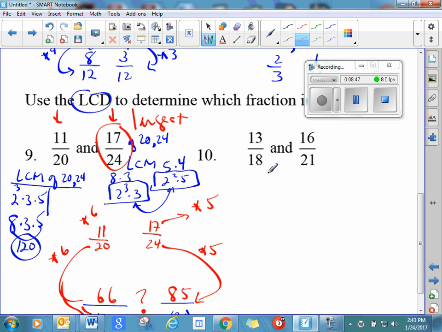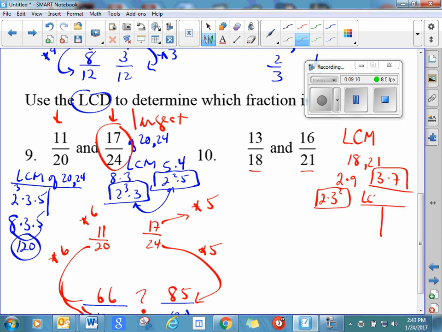Again, I need to get a common denominator, and it needs to be the lowest common denominator. So I need the LCM of 18 and 21. Start with the prime factorization. 2 times 9, which is 2 times 3 squared in a box, and 3 times 7. LCM. We're not concerned about the GCF, so you don't even have to have but one side of the T-chart.